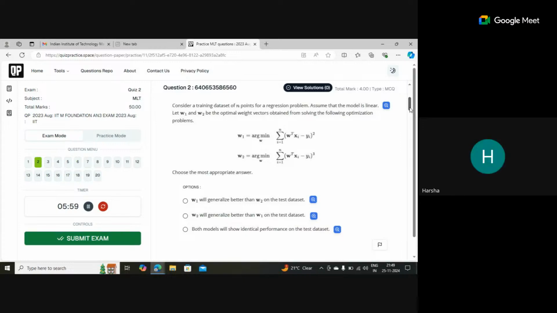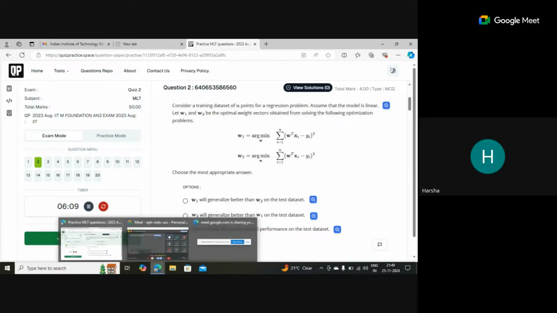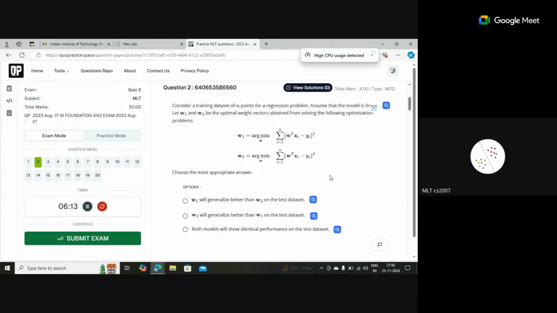It will remove all the negative signs. So if you do W transpose Xi minus Yi squared, what do you get there?